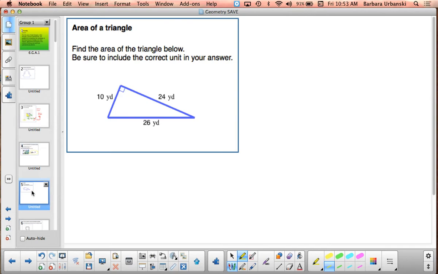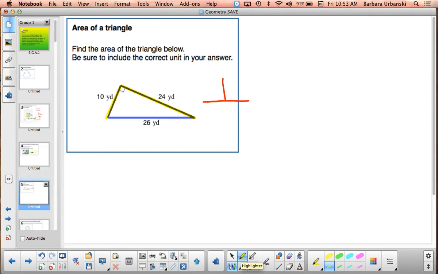Those 2 measures are the 2 that meet at a 90-degree angle. They are the 2 measures that are perpendicular. In this case, we would have to be looking at our 10 and we would be looking at our 24.